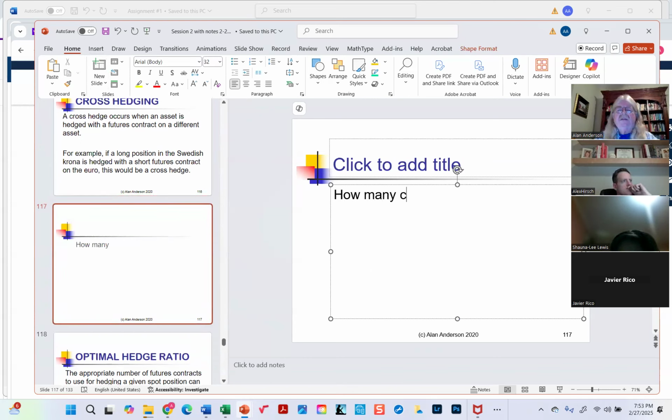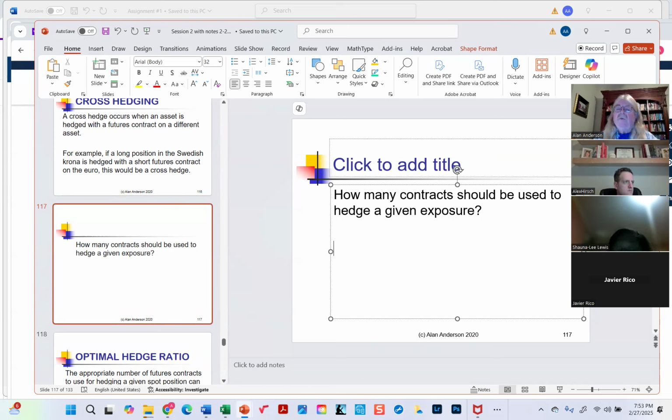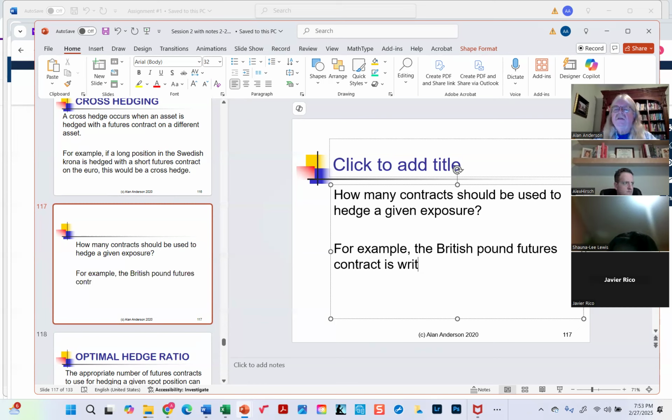All right. Now, one thing we do have to consider is how many contracts should be used to hedge a given exposure. Now, why does this matter? For example, remember the British pound futures contract is written on 62,500 pounds.